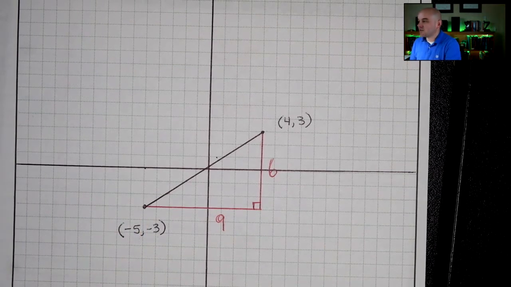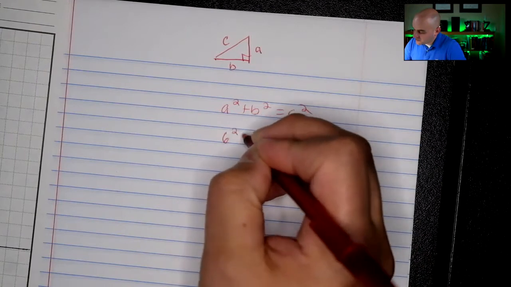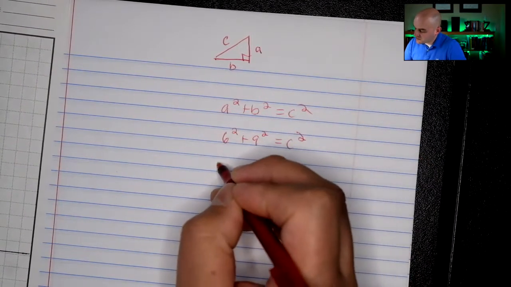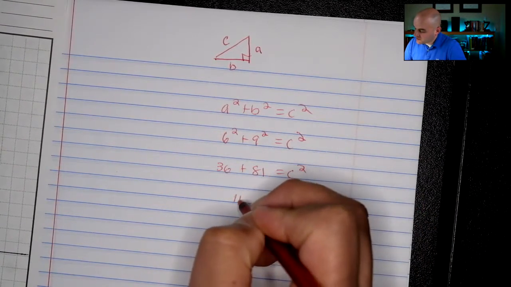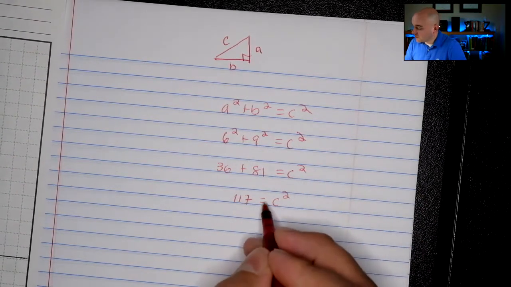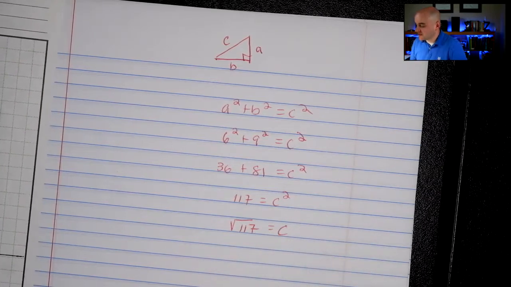And now I can put that into the Pythagorean Theorem and say, 6 squared plus 9 squared equals C squared. 6 squared is 36. 9 squared is 81. And so 117 equals C squared. Square root both sides. And you get the square root of 117 is equal to C.